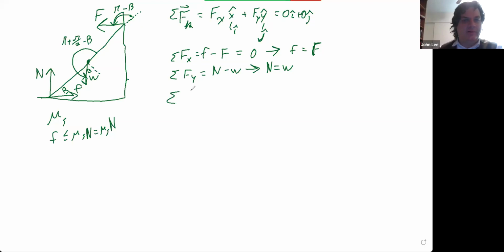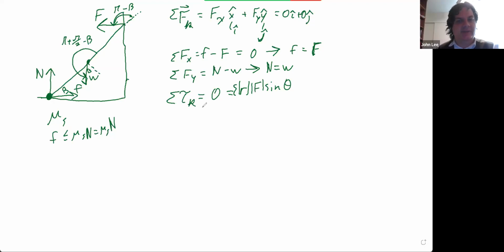So then we do our final thing, which is the sum of torque K is equal to 0. If we choose this as our pivot point, then the sum of the torques is going to be equal to R cross F, which is R times F times sine theta.